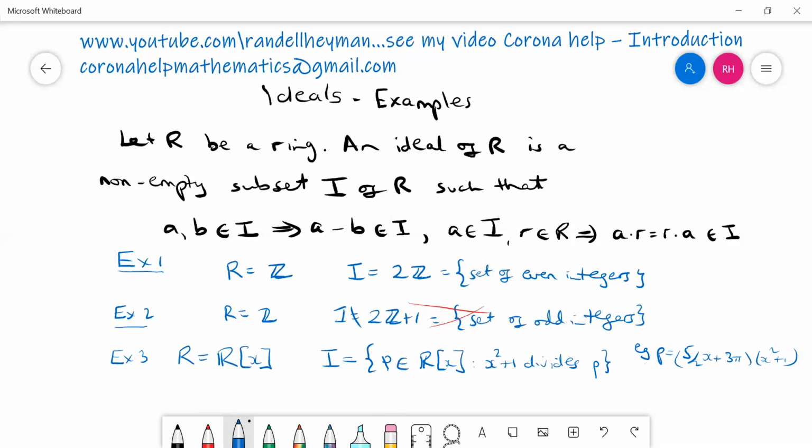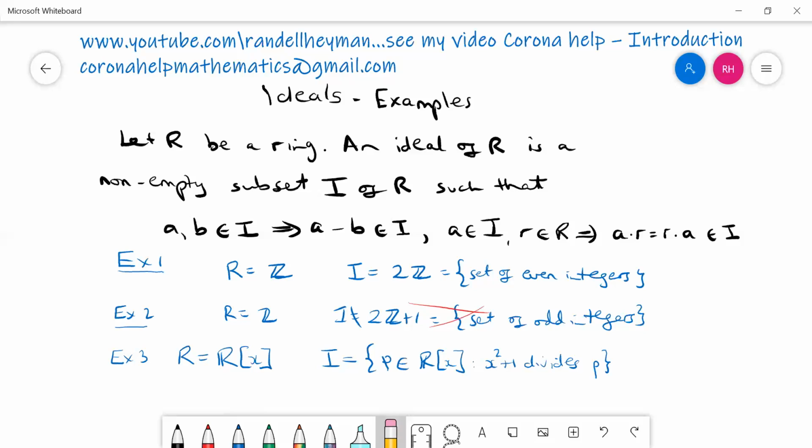Another one is P equals 0, because 0 is just 0 times x squared plus 1. So 0 is definitely in. You get the idea. Just take any polynomial you want and multiply it by x squared plus 1, and that'll be in the ideal. Okay, so the point is that that's an ideal.